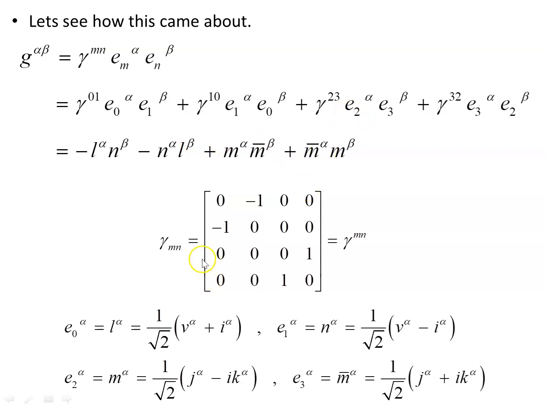Same over here, row 2, column 3 gives us a +1, and then alpha beta, 2 and 3. And then over here, gamma 3,2, row 3, column 2, that one there, is +1, so that gives us +1 here.